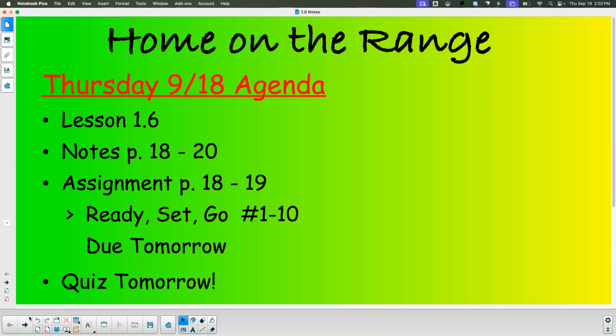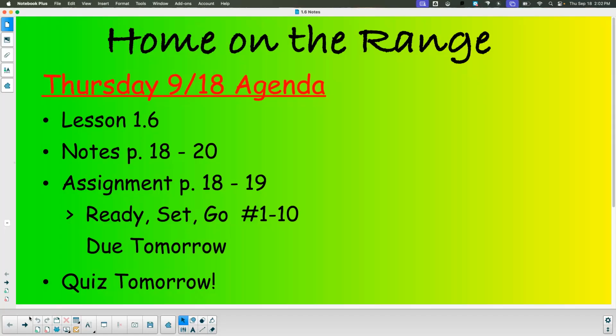So we are in the white packet. We're going to be on page 18 to start. We got pages 18, 19, and 20 to go through today. Page 18 on the retrieval, what I'd like you to try right now is, first off, determine if the sequence is arithmetic or geometric. Then find the value of the common difference and the common ratio.